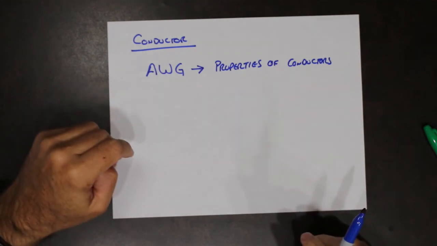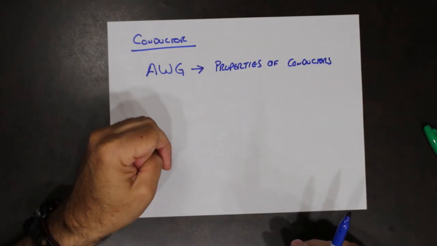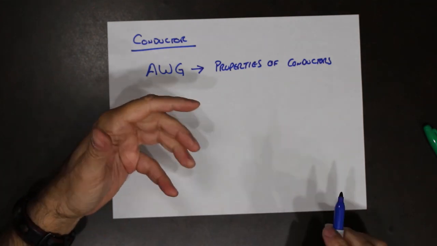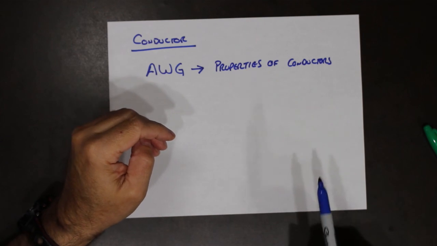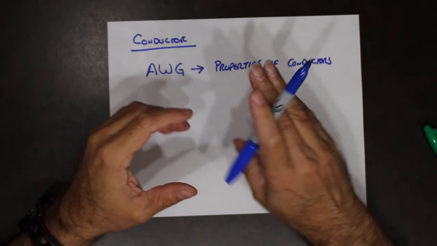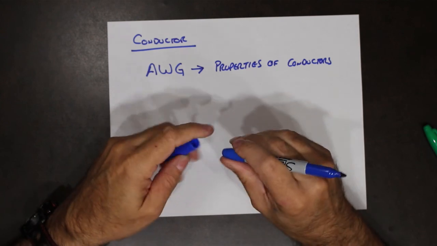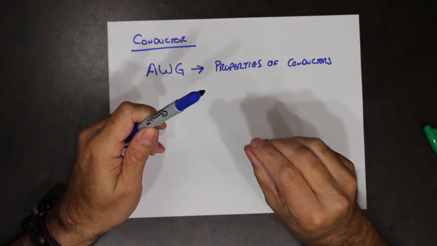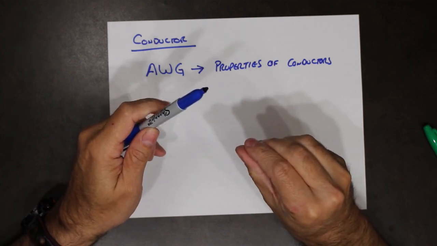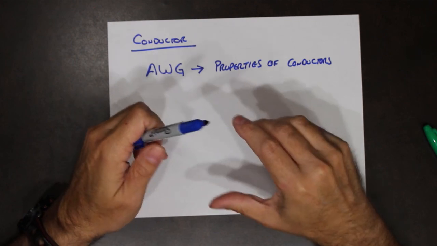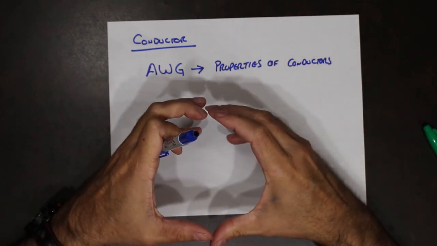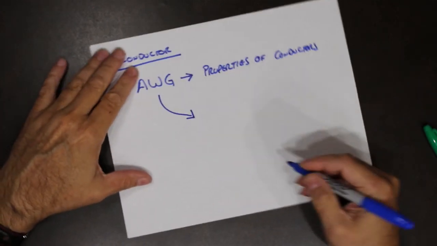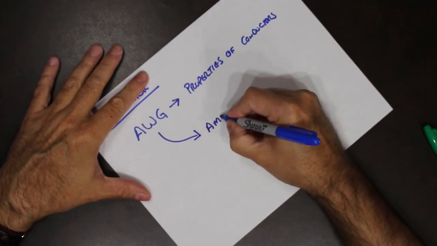What that tells us again is how big the actual wire is: the diameter, the area, how much it weighs, and what the resistance is over the length. If you remember, hopefully from your early studies, when we're looking at a conductor, the smaller the conductor, the larger the resistance. The larger the conductor, the lower the resistance. And then that all plays a part in ampacity.